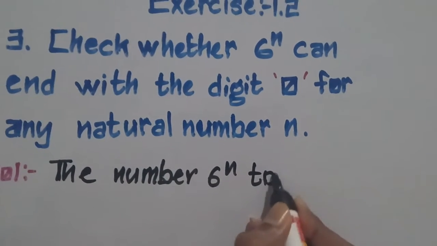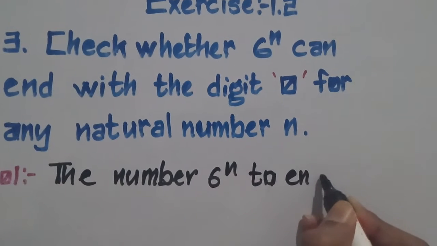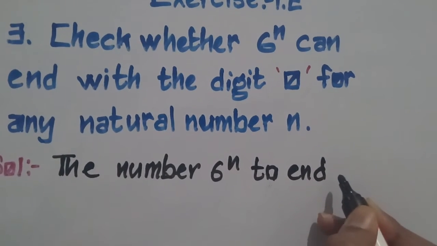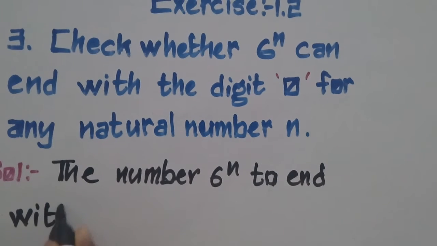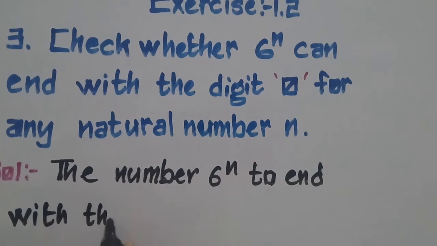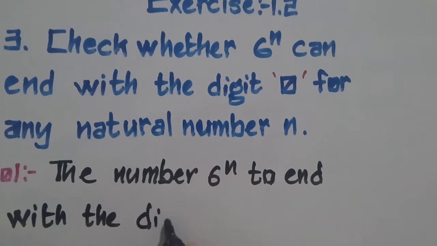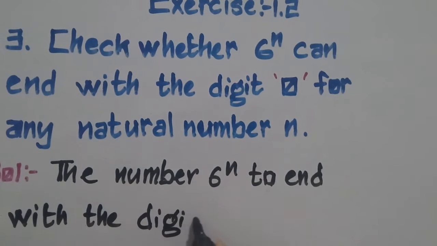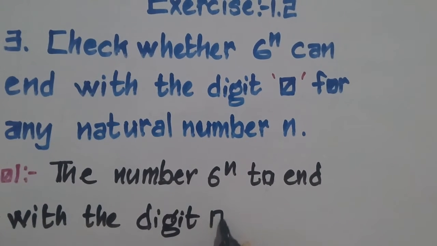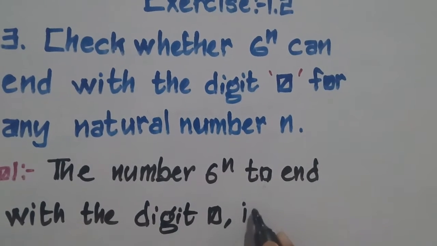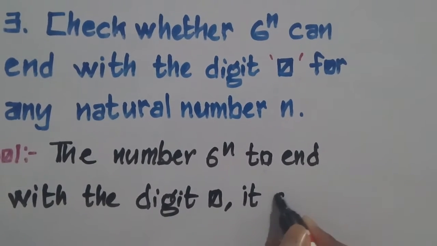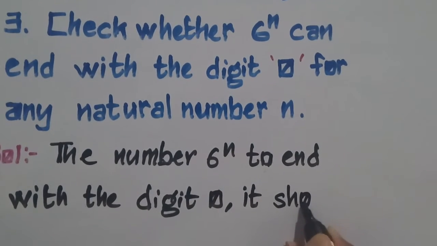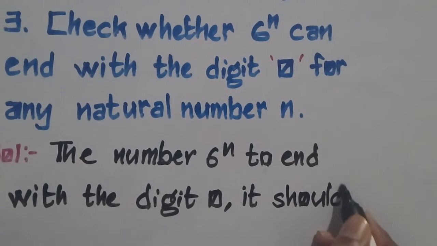Will the last digit be 0 or not? With the digit 0, it should be... if the last digit is 0, then what should happen? It should be divisible by 2 and 5.